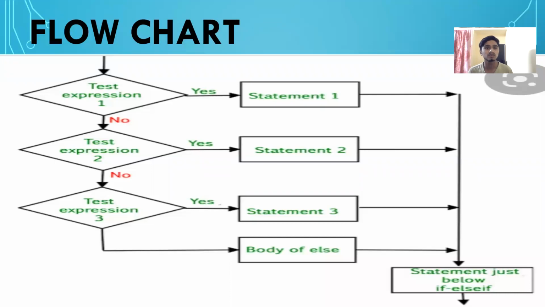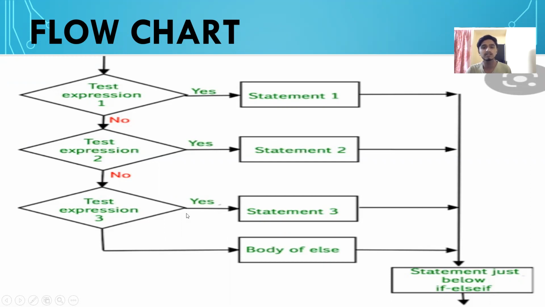So let's see the flowchart of the elif statement. First, check expression 1. If it is true, it will go to statement 1. If it is false, then it will go to the second condition. Again, it will check if the condition is true or false. If it is true, it will print the second statement. If it is false, it will go to the third statement.